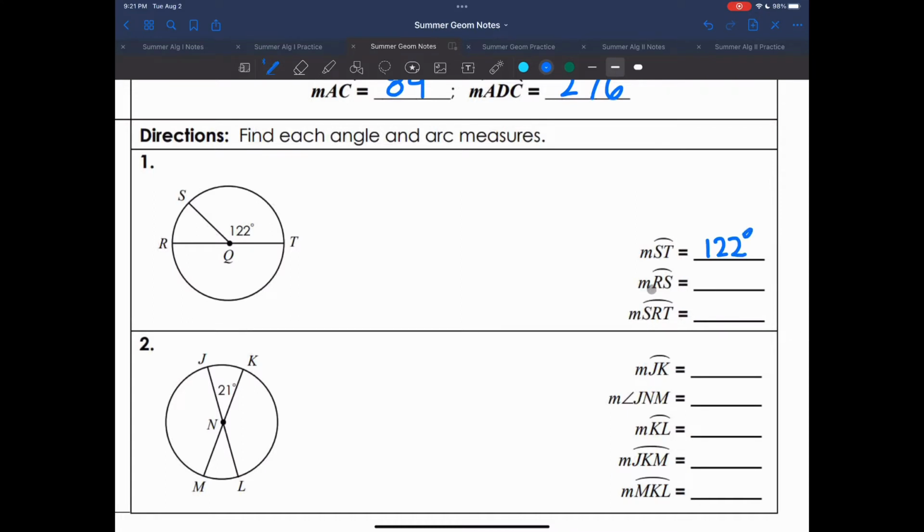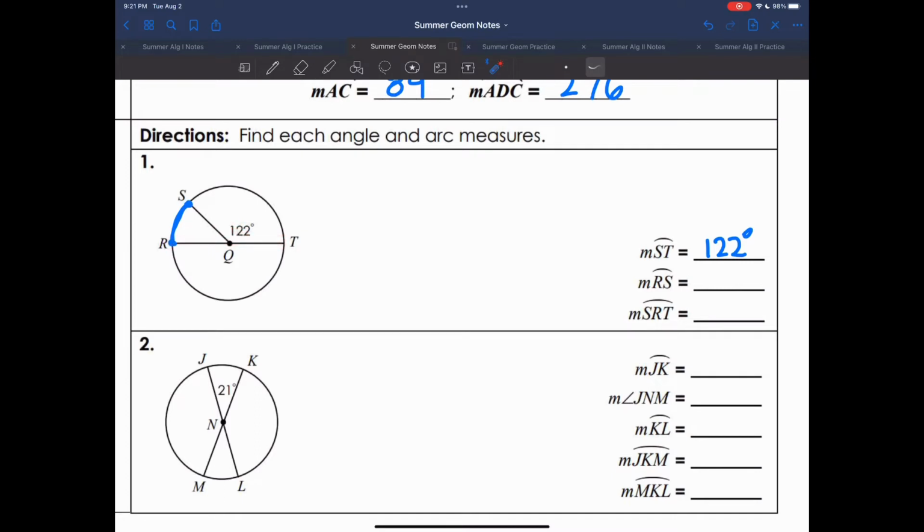How about the measure of arc RS? It's a little bit more challenging. Let's locate it. Here's R, here's S, so we want this arc. Well, if we can figure out this angle right here, then we'll know the arc, because those are going to be equal. Because these two angles form a linear pair, meaning they're on a straight line, they have to add to 180.